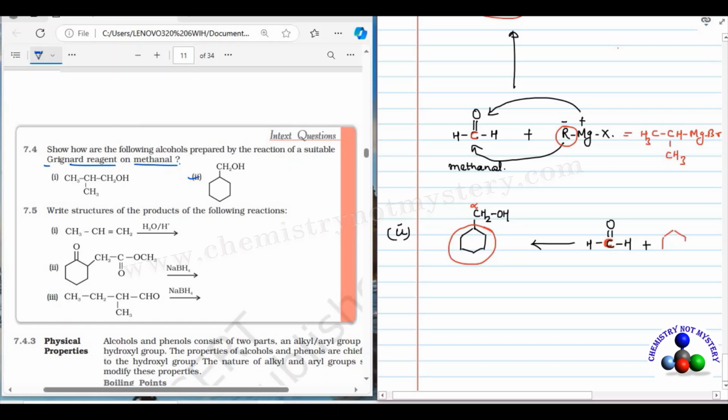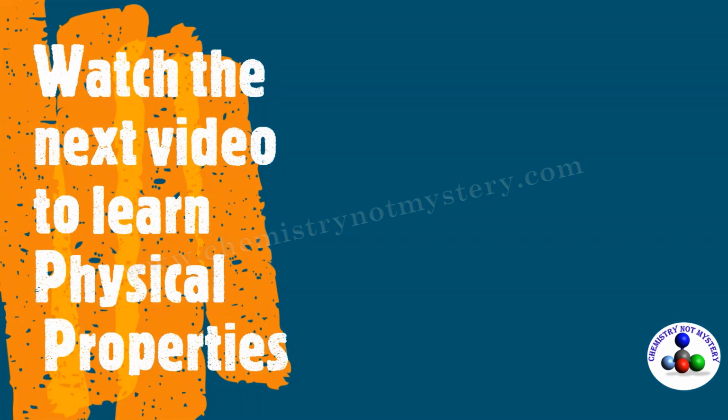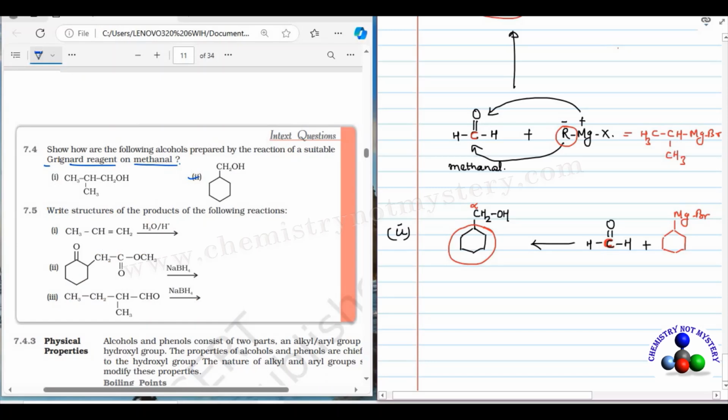So this is cyclohexane. It is bonded to Mg, and here this is Br. So this is cyclohexyl magnesium bromide. This will be the Grignard reagent which on reaction with methanal can produce this alcohol.